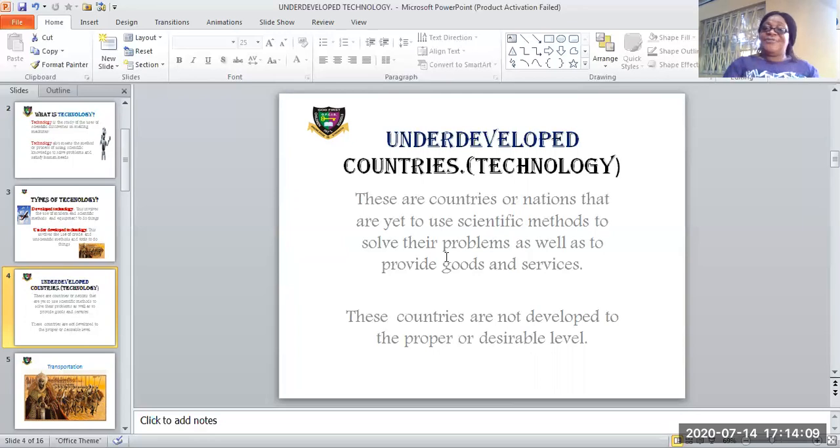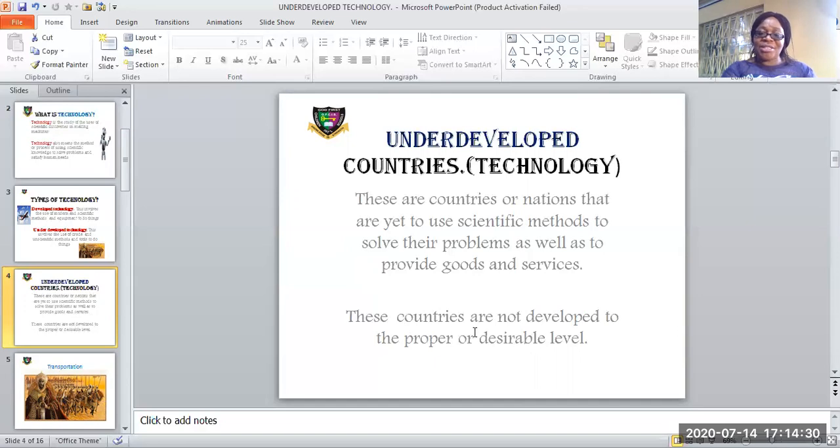Meanwhile, in the developed countries, there are machines provided to do the carrying, the lifting, and the transporting of these goods. This quality is limited in underdeveloped nations or technology.